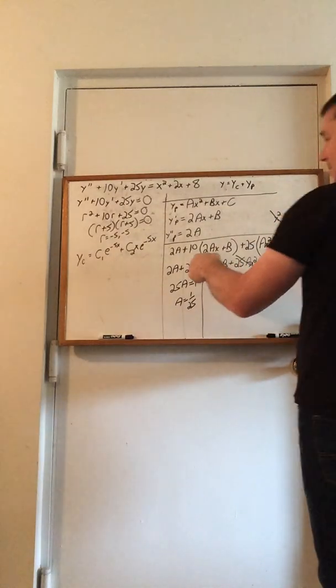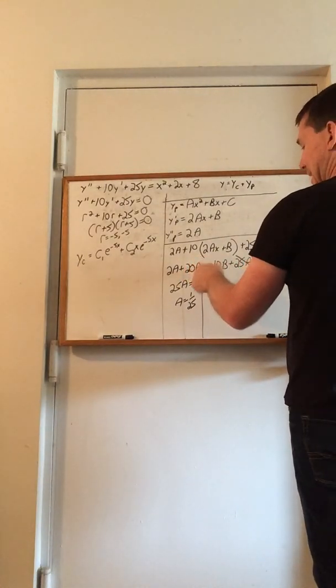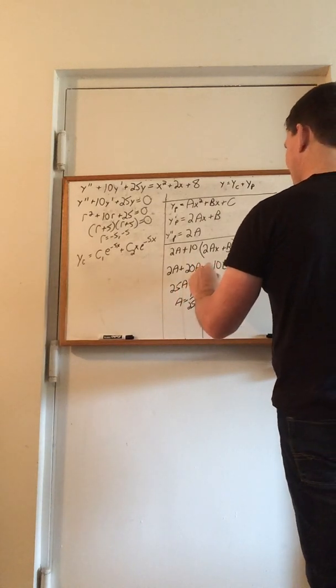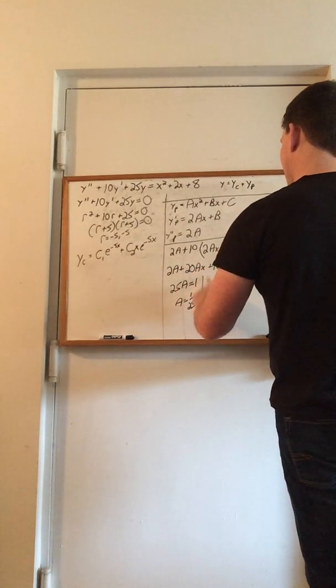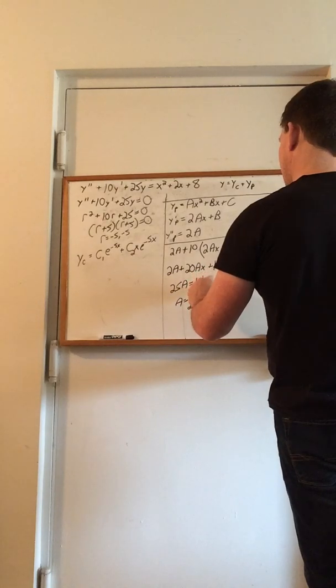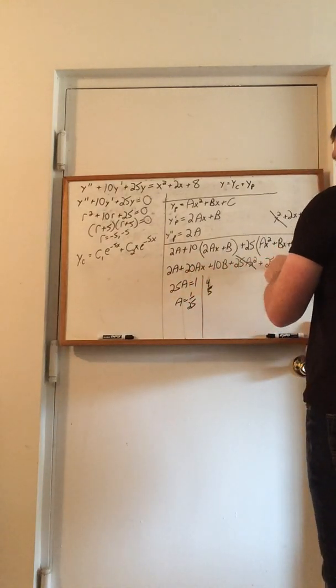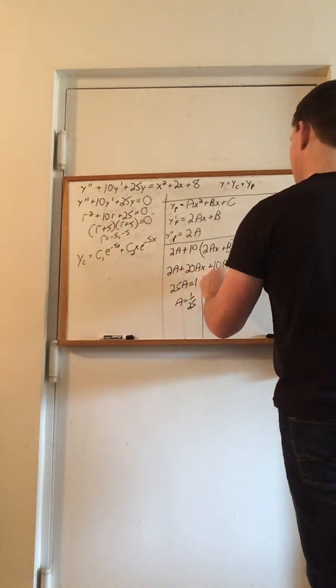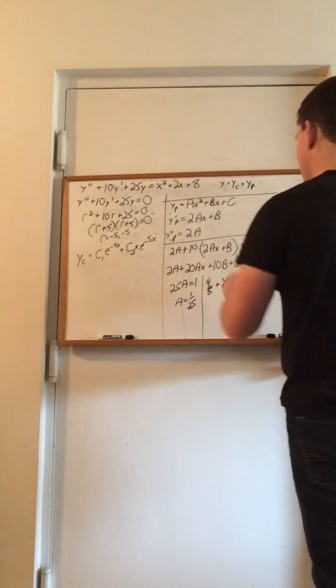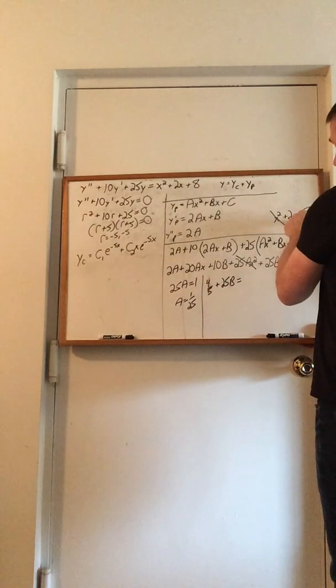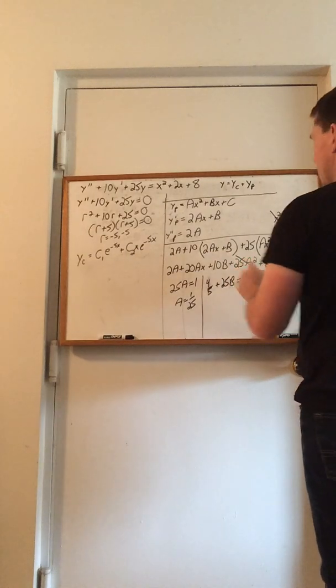Now I look at the linears, and I get 20 times a, 20 over 25, which I'll just reduce to 4/5, plus this, plus 25b, has to equal the linear term on the right, which is 2.